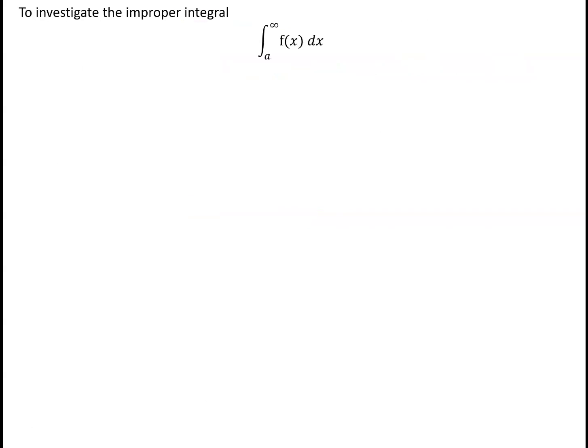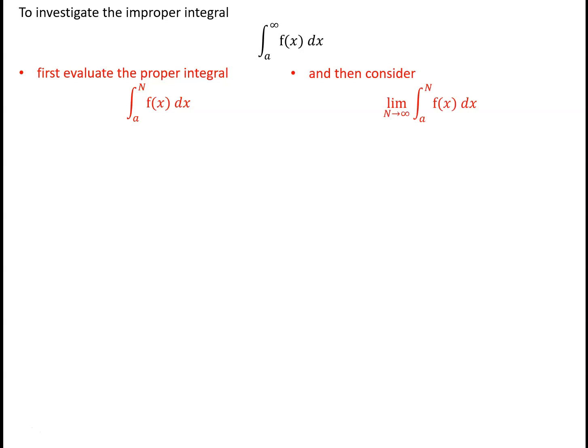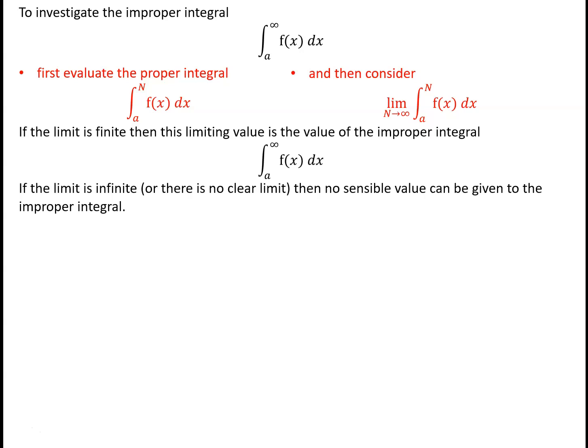So if we want to investigate the improper integral between a and infinity of f of x, then we evaluate the integral between a and n of f of x, and then consider whether the limit as n tends to infinity of the integral between a and n of f of x exists or not.